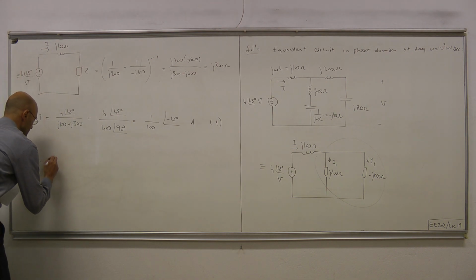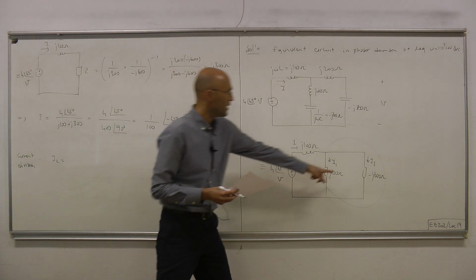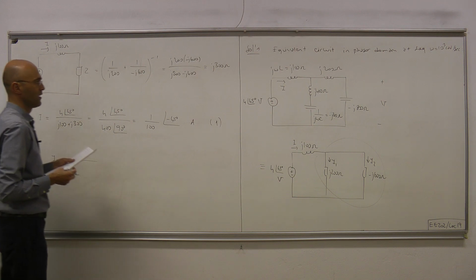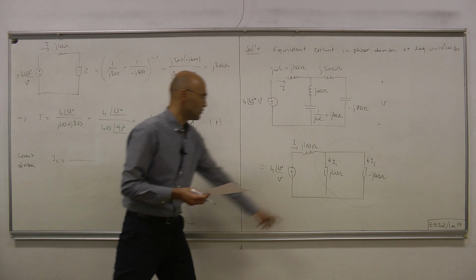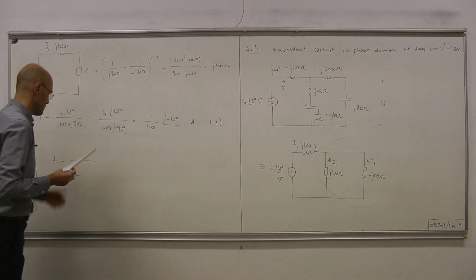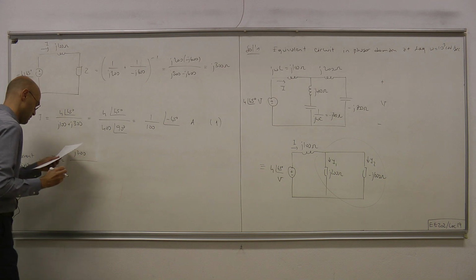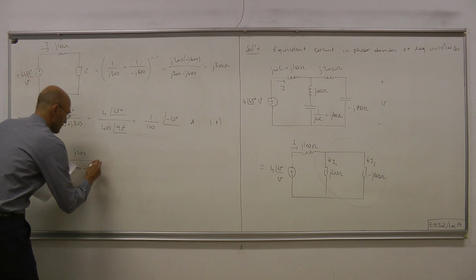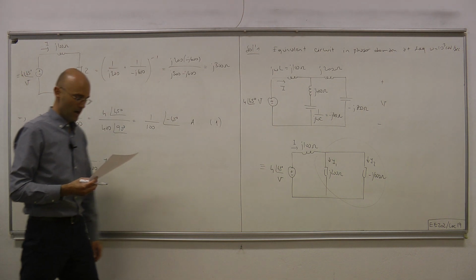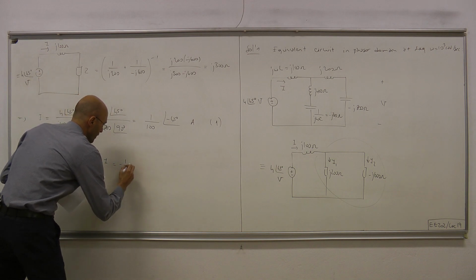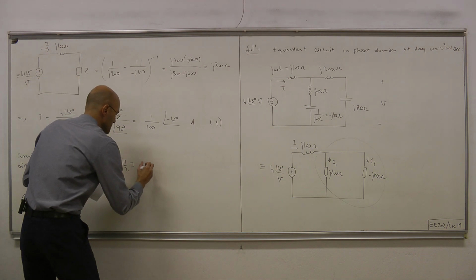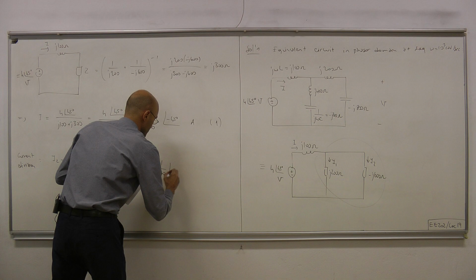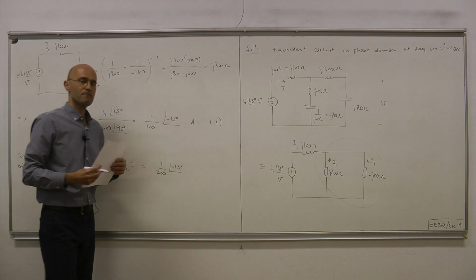By current division, I2 equals Z1 divided by Z1 plus Z2, these being Z1 and Z2 respectively. So we have J200 over J200 minus J600 times the current I, which is minus 1/2 I, and that's minus 1/200 with phase minus 45 degrees.